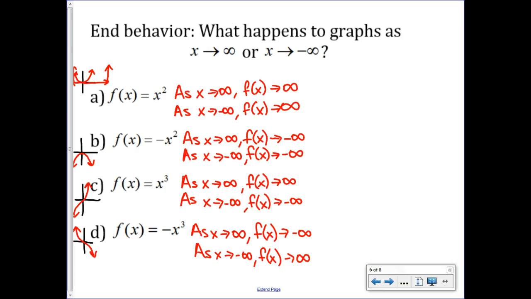Both ends are going up or both ends are going down. If you look at x to the 3rd, x to the 5th, x to the 7th, and so on, they're going in opposite directions. So if one is going up, the other one's going down. And depending on which way it's flipped over determines what it is. So check those out in your graphing calculator.